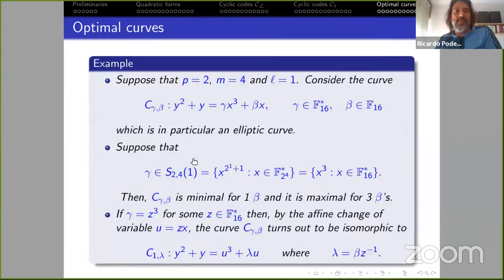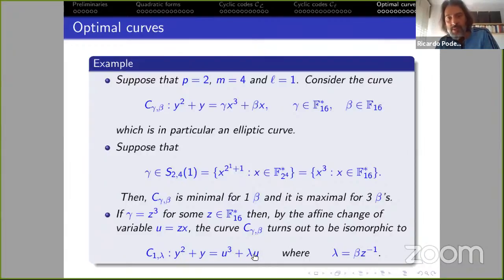And well, we have now an explicit example. I think I don't have so much time. Suppose we take this curve, which in particular is an elliptic curve. We are taking p equal to 2, so we are in this case. If you do some change of variables, you get this other curve.